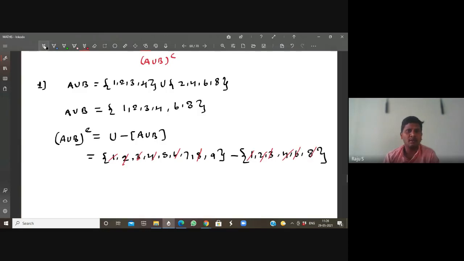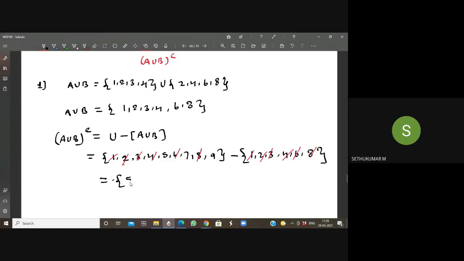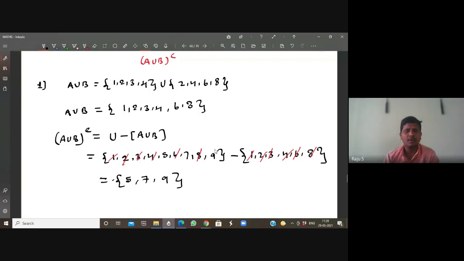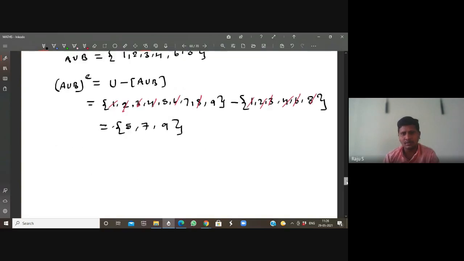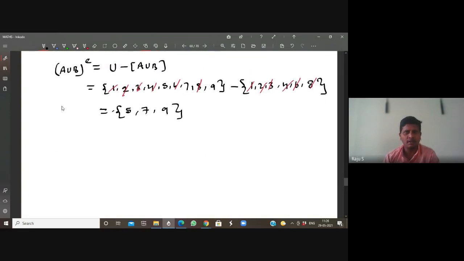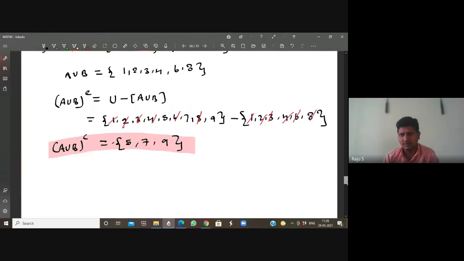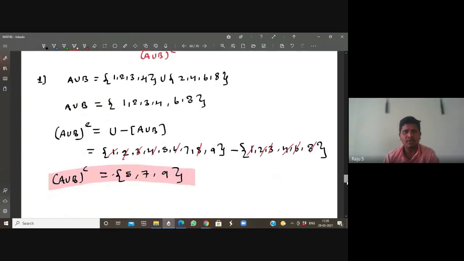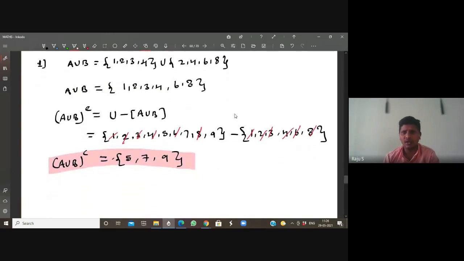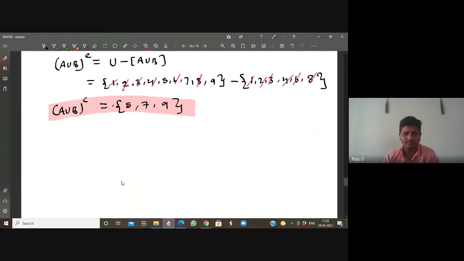What are the elements which belong to the universal set then? The remaining elements are 5, 7, 9. That's it. This is clearly A union B whole complement. So don't write the direct answer. You should write the proper steps like this. First A union B, next the whole complement formula you should write. Like that you can find.